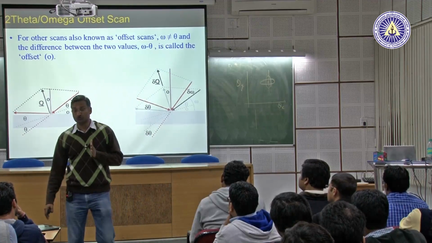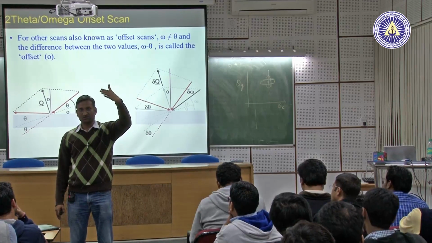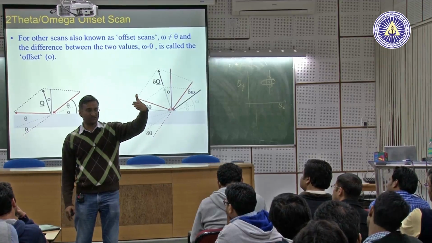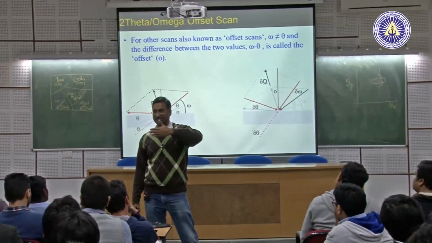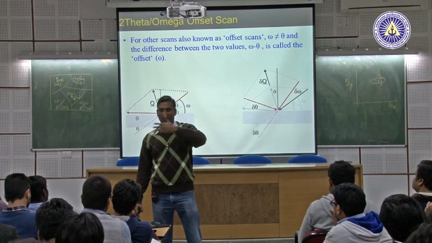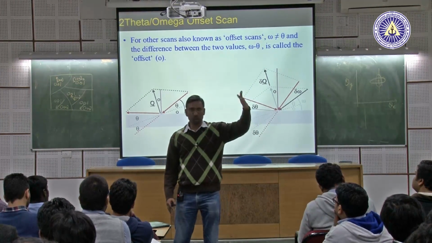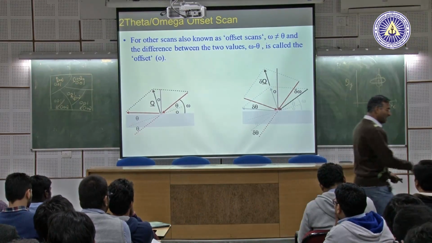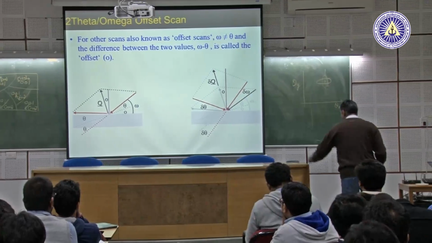The way you carry it out is you fix first 2 theta, carry out one 2 theta omega scan, then carry out another 2 theta, carry out another 2 theta omega scan, so you take multiple scans at various 2 theta values. So you will have a grid of measurements.